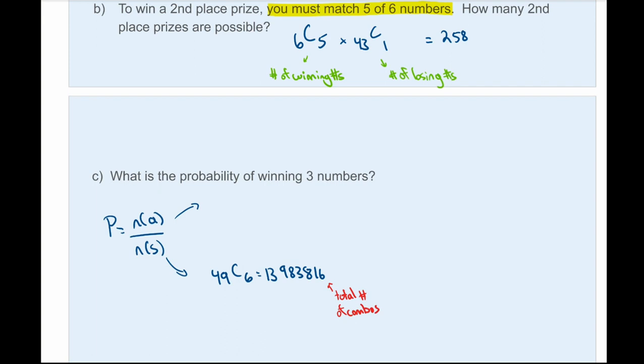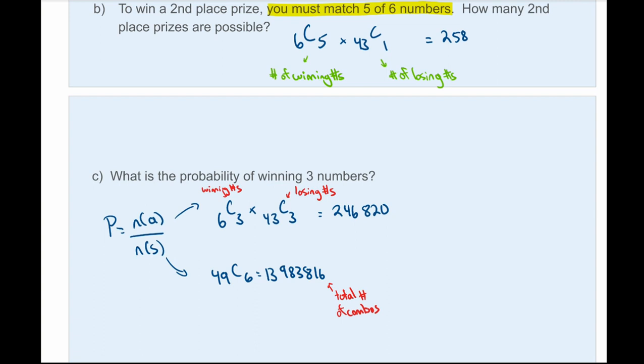For the number of successful ways, or the number of ways of winning 3 numbers, it's similar to the last part. There are 6 winning numbers. I am choosing 3 of them, multiplied by 43 losing numbers, choosing 3 of them. So these are my losing numbers, and these are my winning numbers. And this works out to 246,820.